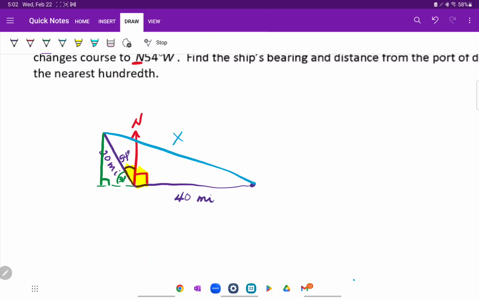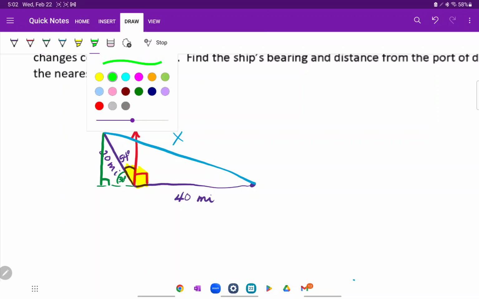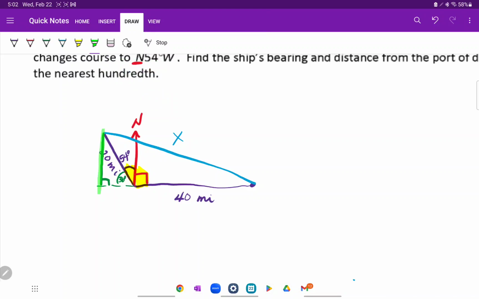Our plan is, I'm going to break out this little right triangle here that we've created. And I'm going to find the bottom side, I'll call it A. And I'll find the left side, I'll call it B, using SOHCAHTOA, because there's our right angle.